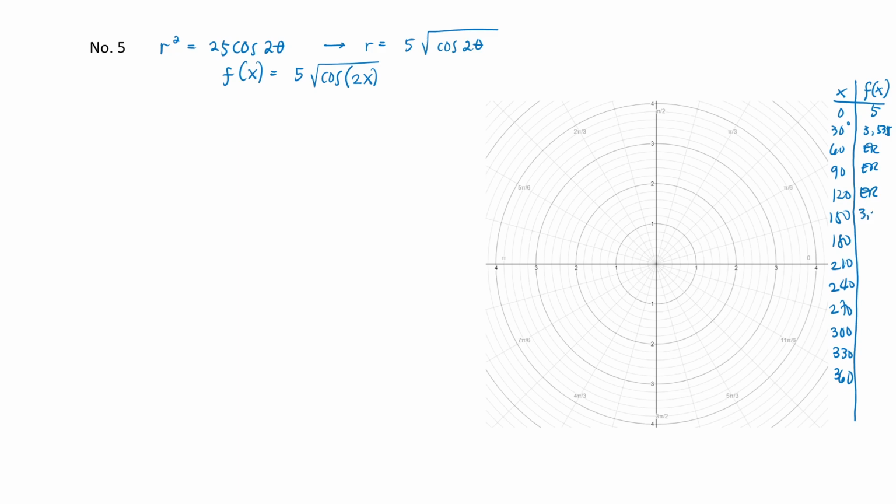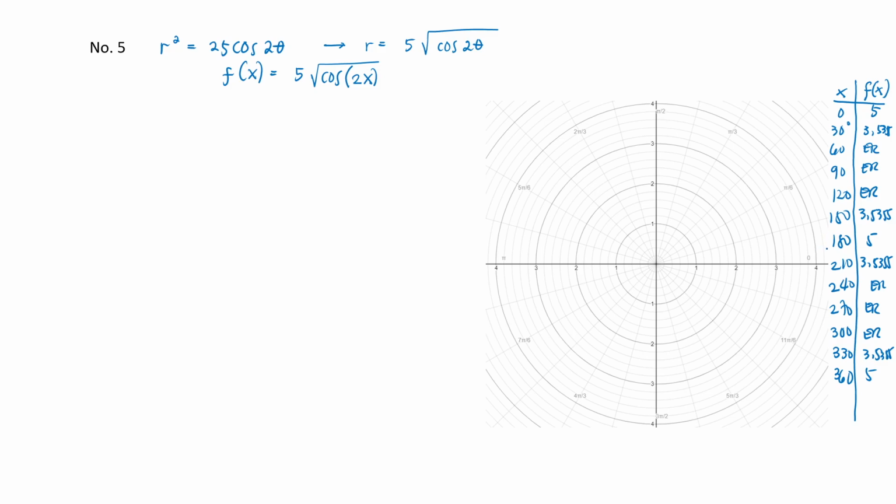Then going back to 3.5355, then 5 again, then 3.5355, then error, so triple error, then 3.5355, and lastly 5.